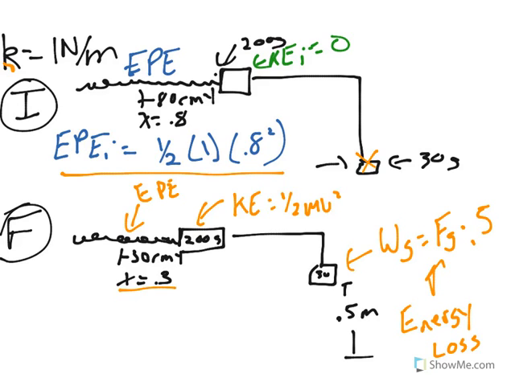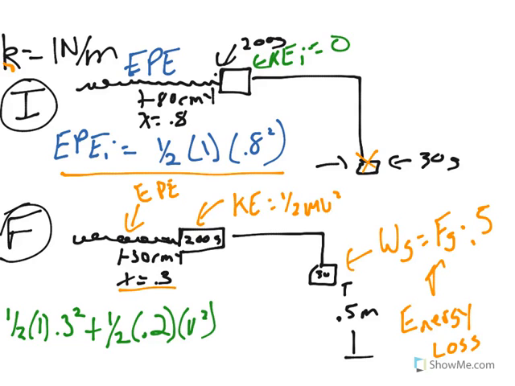So we're going to have the elastic potential energy, 1/2 times 1 times 0.3 squared. Then we're going to have the kinetic energy, 1/2 times 0.2, which is 200 grams converted into kilograms, times v squared. Obviously, v is what we're looking for because it says how fast will the glider be traveling. And then we've got to work in this over here.